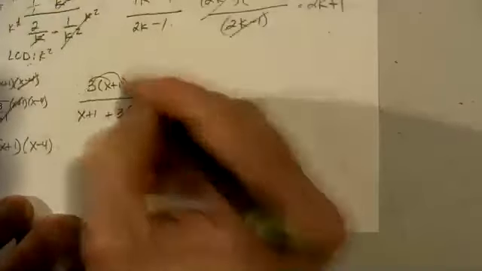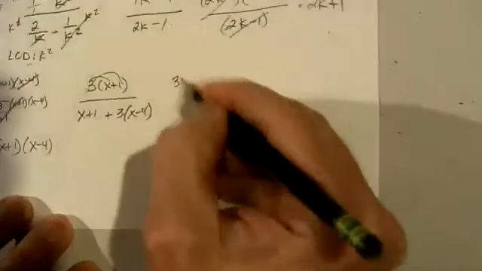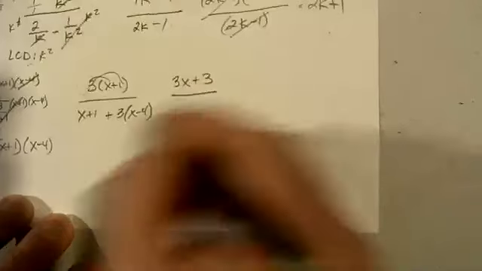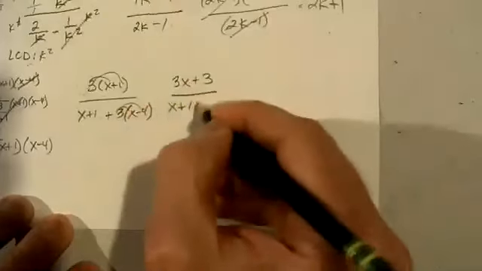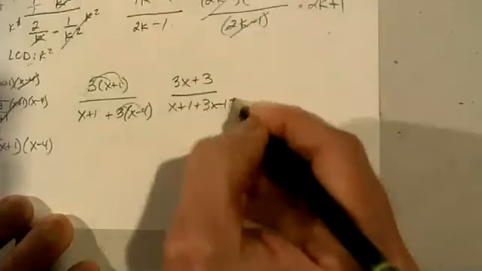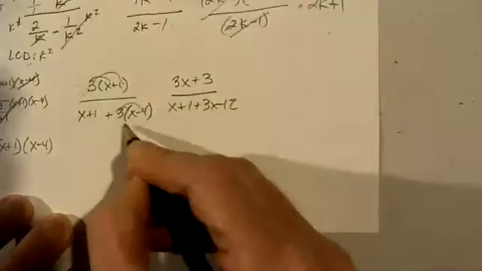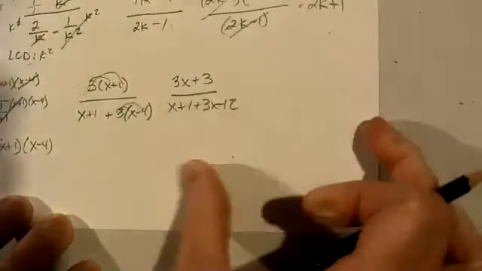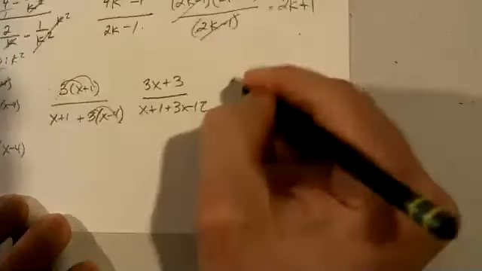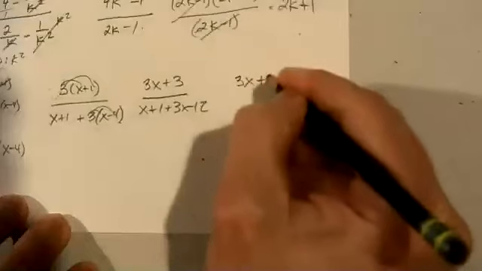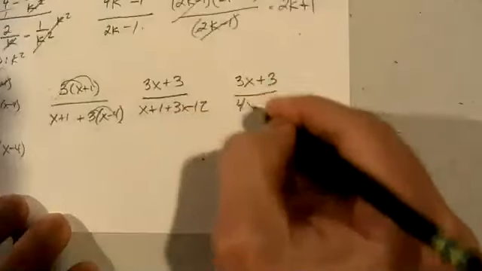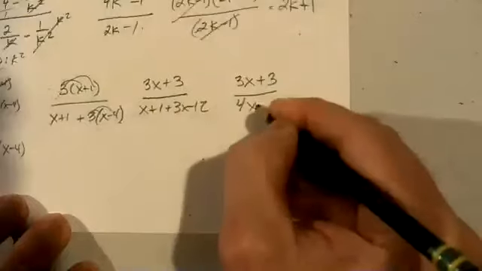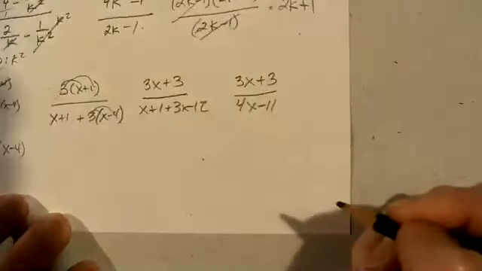So that's going to clean up into 3x plus 3. Three times x is 3x. 3 times 4 is 12. That becomes 4x, and this becomes negative 11.